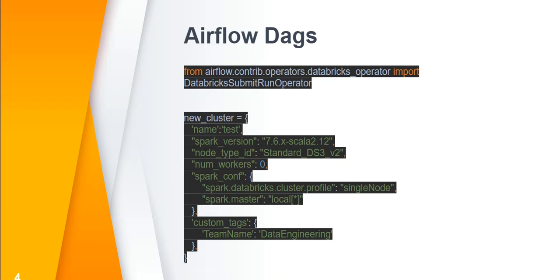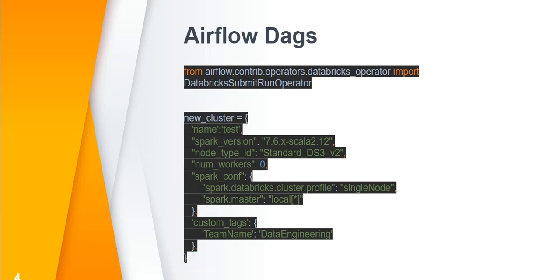As part of my cluster configuration, I am using a single node cluster since I am using the standard license for Azure Databricks. These are the mandatory parameters you need to pass for cluster creation.